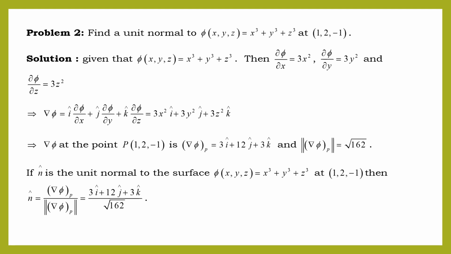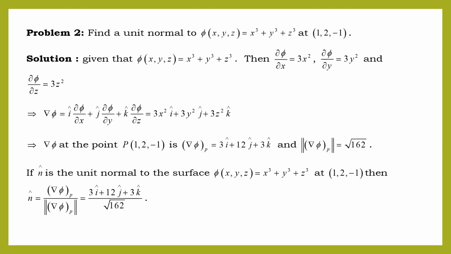For this surface, phi of x, y, z equals x cube plus y cube plus z cube, the gradient is del phi equals i cap dou phi by dou x plus j cap dou phi by dou y plus k cap dou phi by dou z.